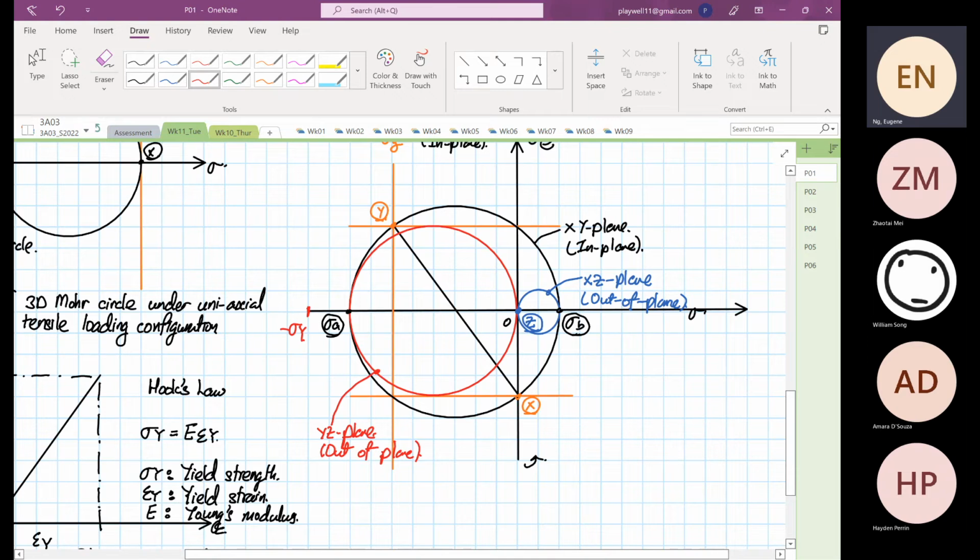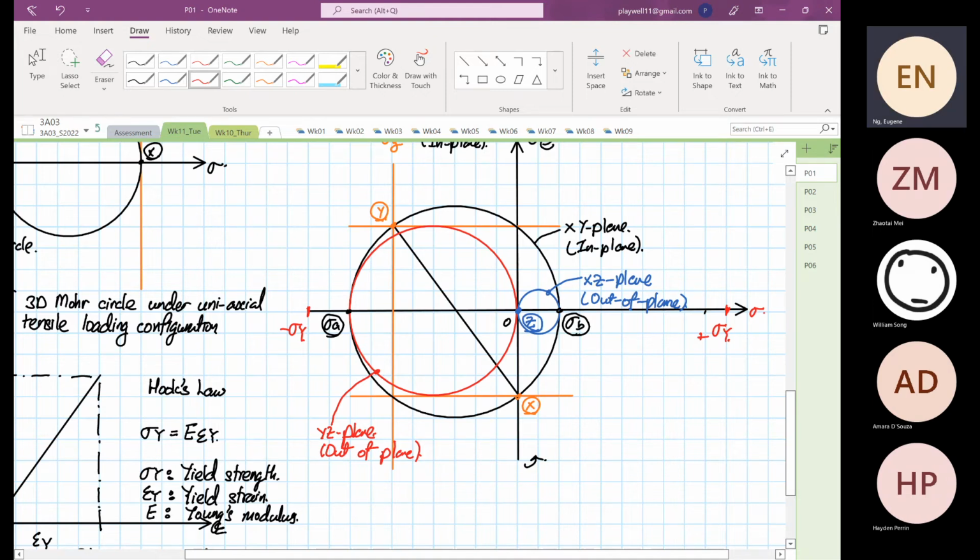Now I picked that point deliberately so that it is bigger than the 3D Mohr circle. Later on I'll explain what is going on. Then on the other side, over here, this is our stress U, positive. Okay, this is our normal stress.